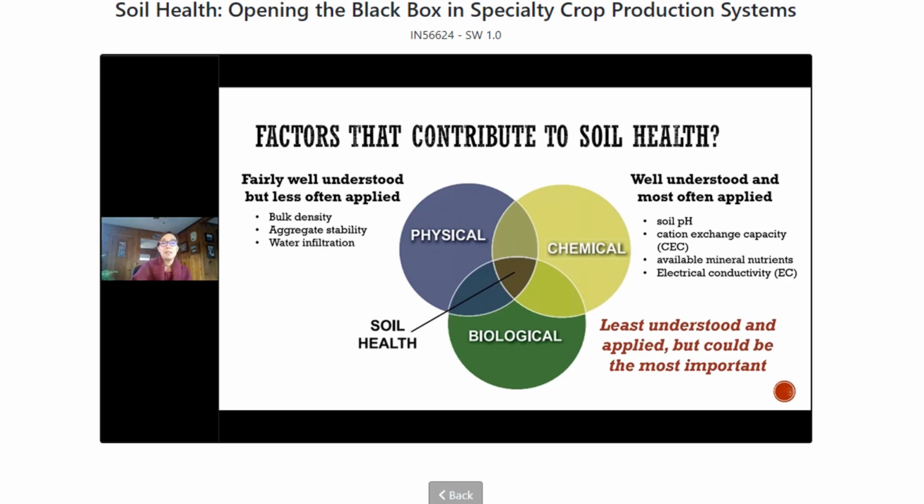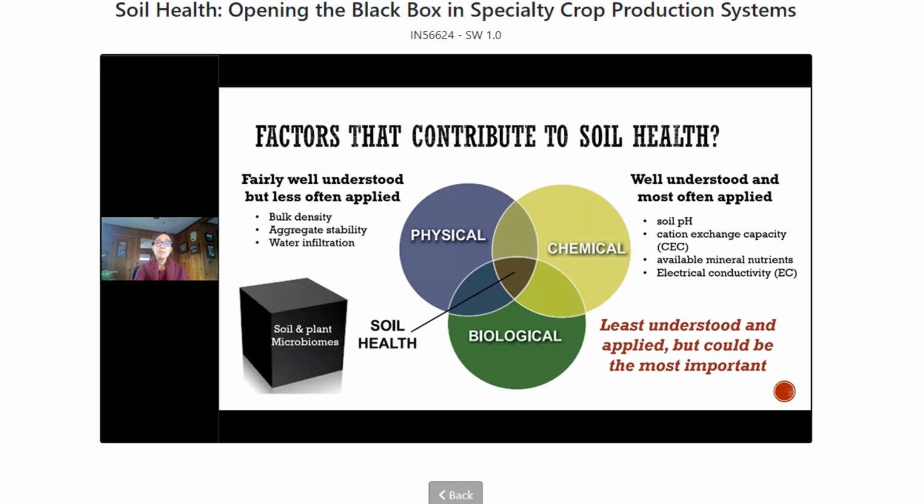And so that's today what I'm going to focus on, and specifically a component of soil biology, and that's this idea of these soil and plant microbiomes, which has always been looked at as kind of a black box because they've been so hard to study. But within the last 10 years, we've had the development of new molecular tools that are allowing us to explore these soil microbiomes in much greater depth.